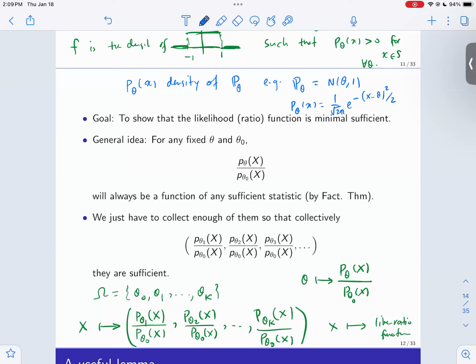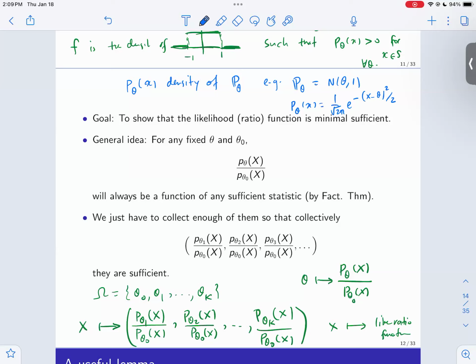But it could be a different family. You can have mu and sigma squared, so theta is mu and sigma squared, then you have a two-dimensional parameter. So whatever you want, this is very general. We'll do this example later.